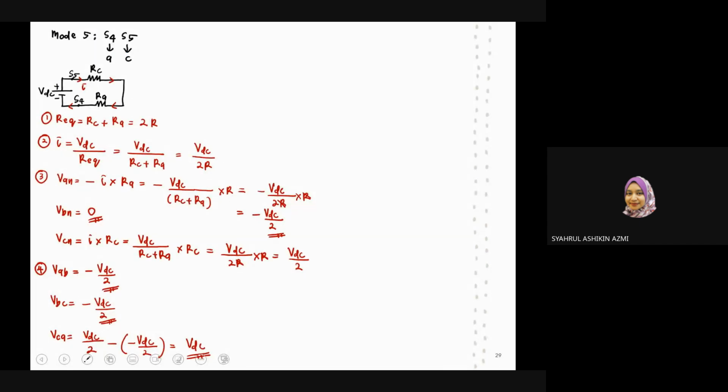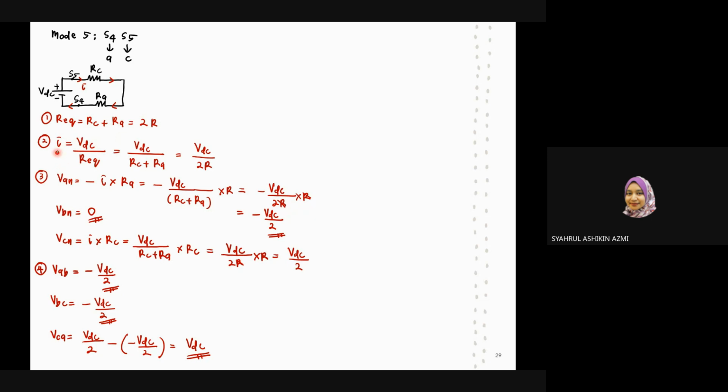Okay, so this is mode number 5, where we have S4 and S5. S4 is the bottom switch for phase A. S5 is the upper switch for phase C. So equivalent resistance will be RC plus RA, or 2R.